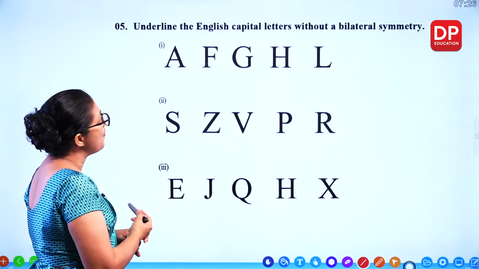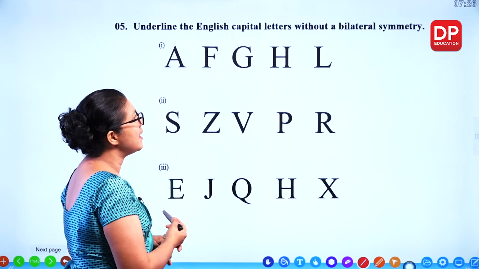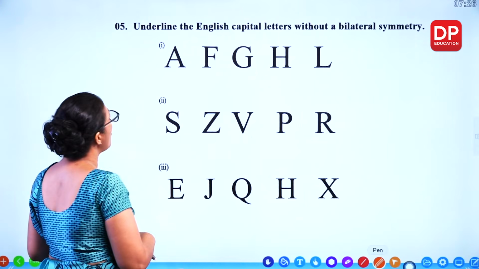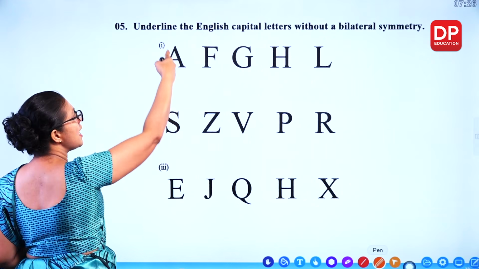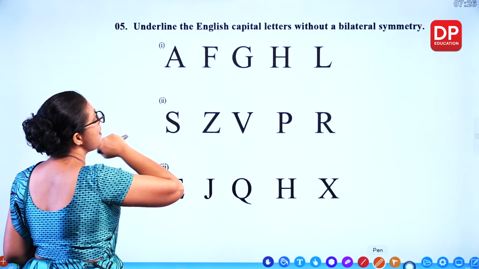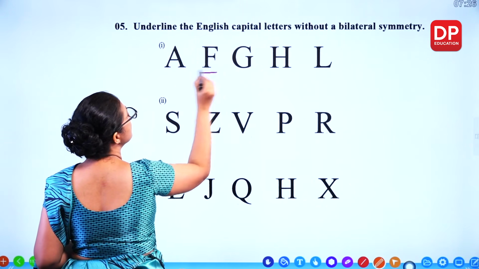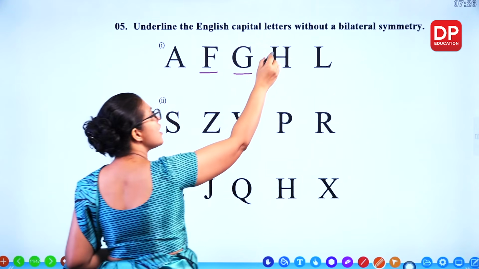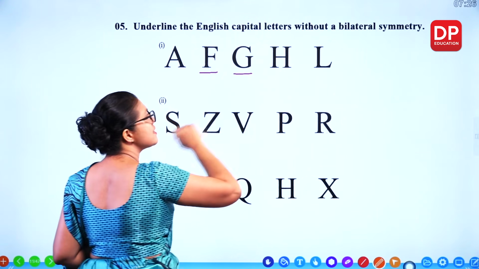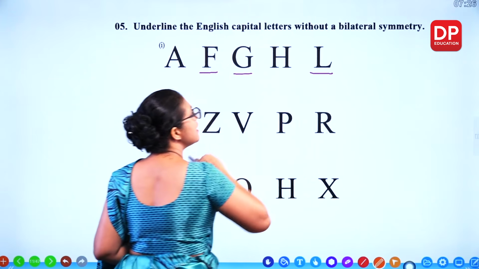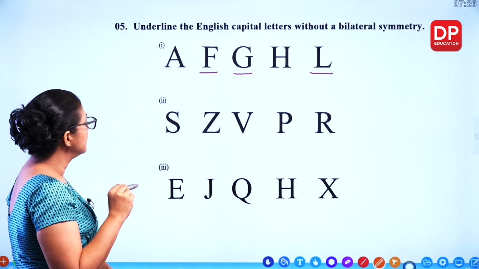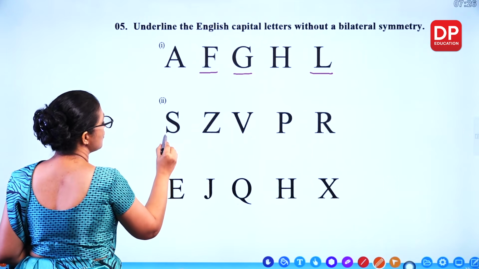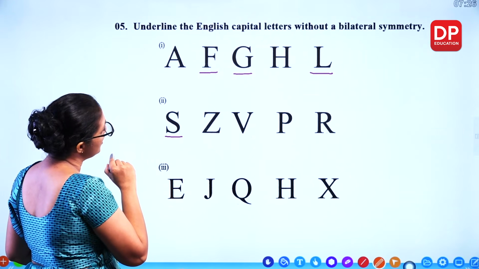Underline the English capital letters without a bilateral symmetry. So we'll see what are the figures without. We can see here you get bilateral symmetry, but not here. What about this one? Not there. But H, yes, you get bilateral symmetry. Not in letter L. S, you can't divide here, so that's not bilateral symmetry.